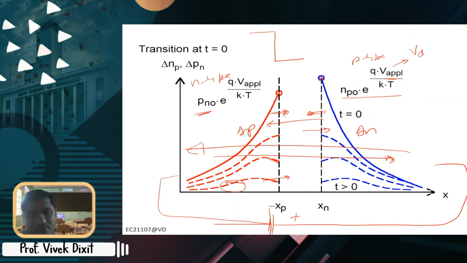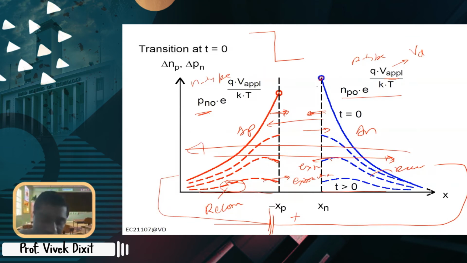So there are two mechanisms that are taking away the carriers, right? One is recombination, another is extraction of the carrier, right? Similarly, extraction and recombination. So these two mechanisms are taking place, and when delta N and delta P go to zero, the time taken for that is called storage time.